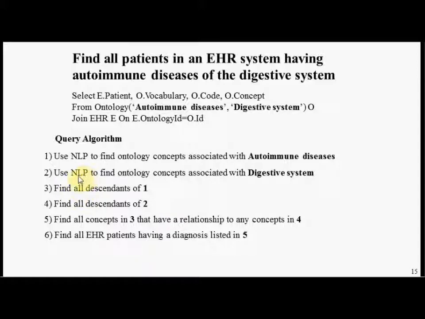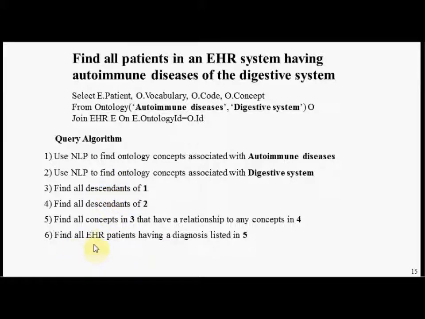We're also going to use natural language processing to find those SNOMED terms associated with the digestive system. We're then going to find the descendants of step 1 and the descendants of step 2. And finally, we're going to find all the concepts related to the concepts returned in steps 3 and 4.